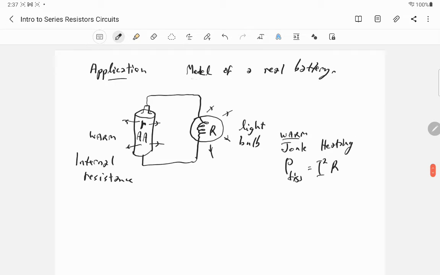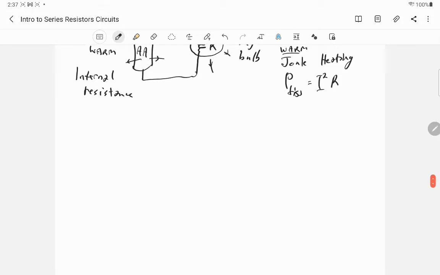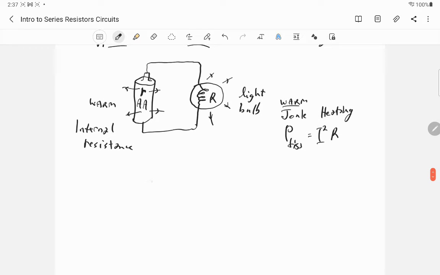And so if we want to model a battery, one way to model it is to give it what's called an internal resistance. So it's R sub internal, and then give it the voltage, the electric potential difference.